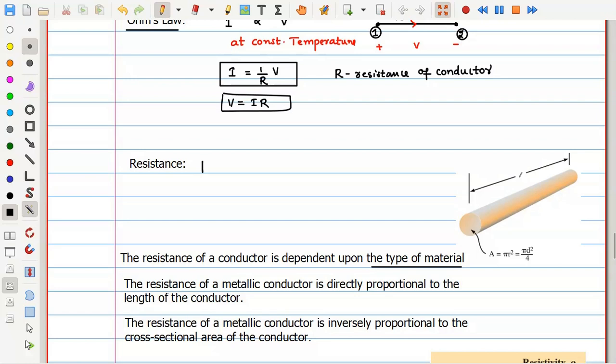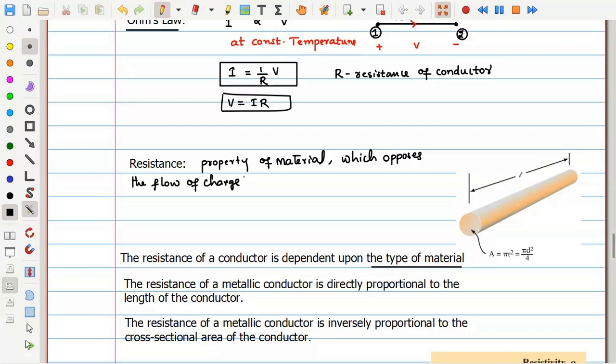What is resistance? Resistance is the property of materials which opposes the flow of charge.